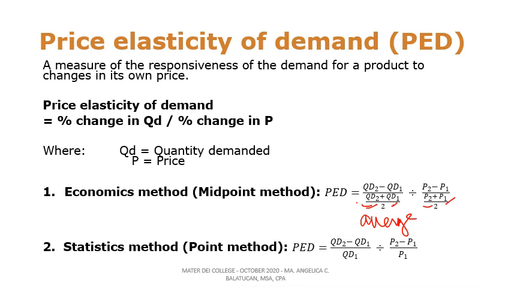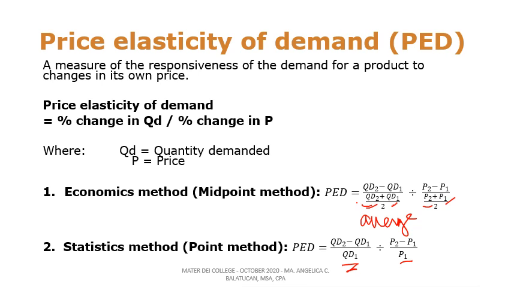So it gets the average of the quantity demanded and the price when they are used in the formula. Looking at the point method, we only use the first quantity demanded or the price 1 as its denominator.